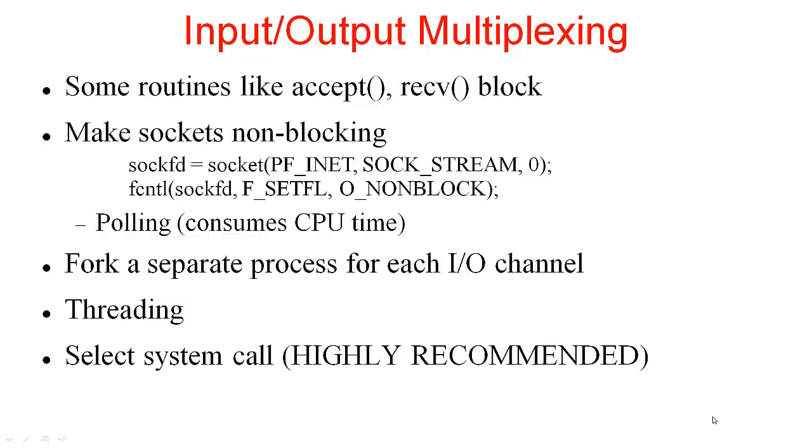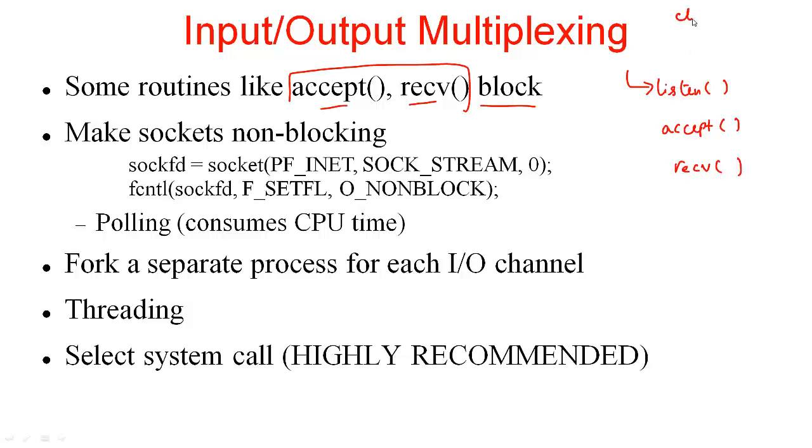A server often has to handle multiple clients, in which case you use these functions accept, receive. A point to note is these functions accept, receive are what are called blocking functions. By blocking, I mean they will not return until some event has happened. Suppose you are a server listening on a given port and you have accepted earlier some other clients, let's say client 1, client 2.